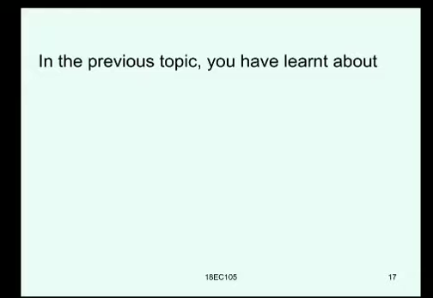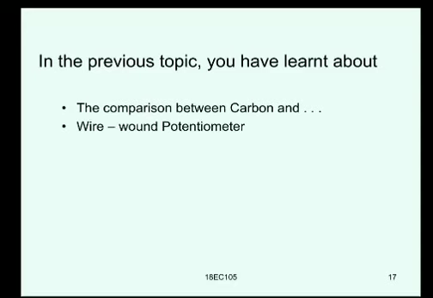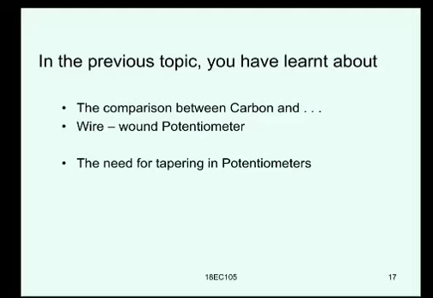Let us recap what we have learned in the previous sessions as well. So previously we have learned about the comparison of carbon and wire wound potentiometers. Then we have also understood the need for tapering in potentiometers.